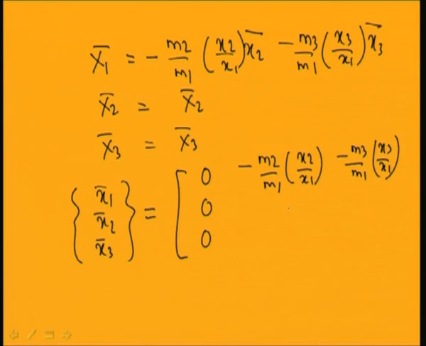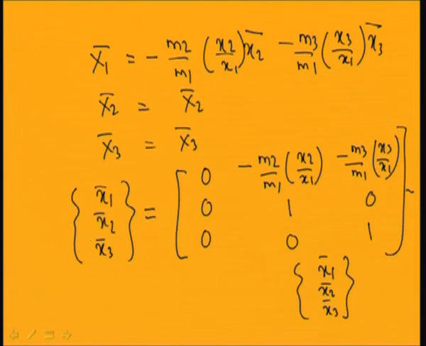Similarly, the next rows will be 0 1 0 and 0 0 1, into x1 bar, x2 bar, x3 bar. You can see that in this case the first mode is not present in the system. The first mode we have eliminated by using this matrix. This matrix is known as the sweeping matrix.